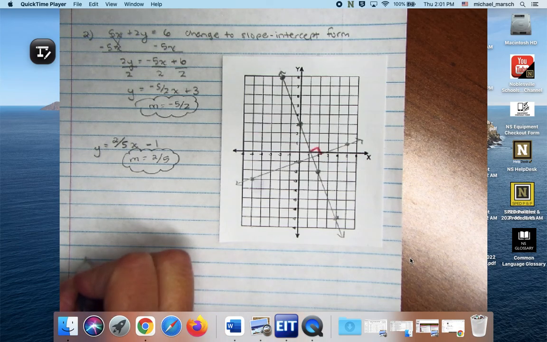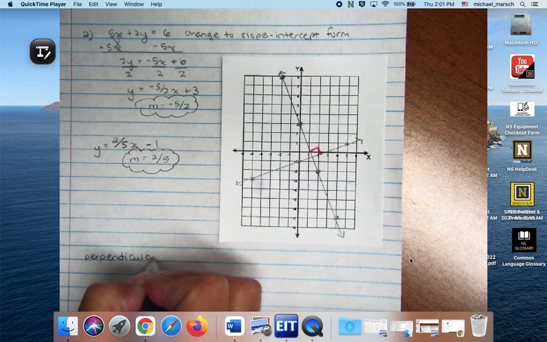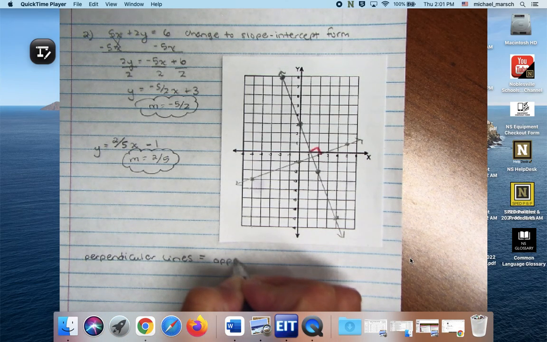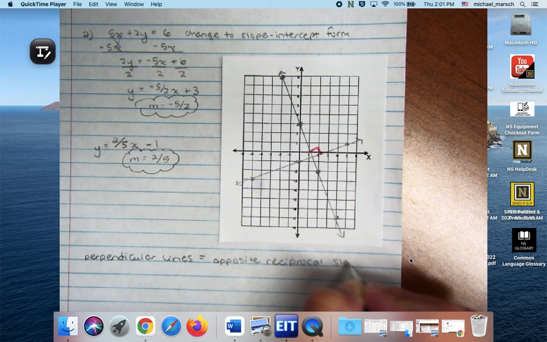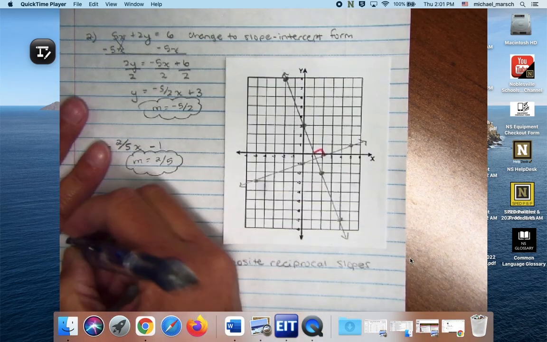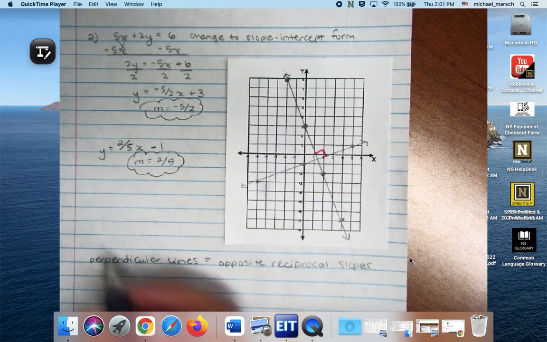So perpendicular lines have opposite reciprocal slopes.